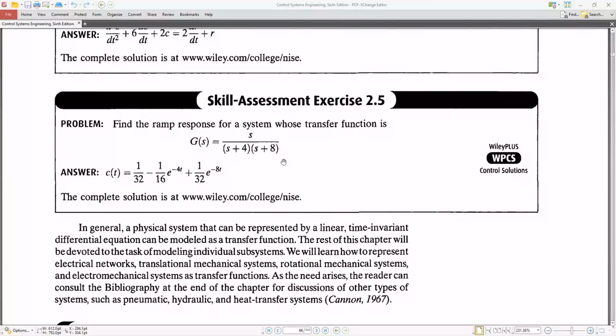Just check. Find the ramp response for a system whose transfer function is given here. What you have to do is some mathematical work. In that case, you have to do the partial fraction.